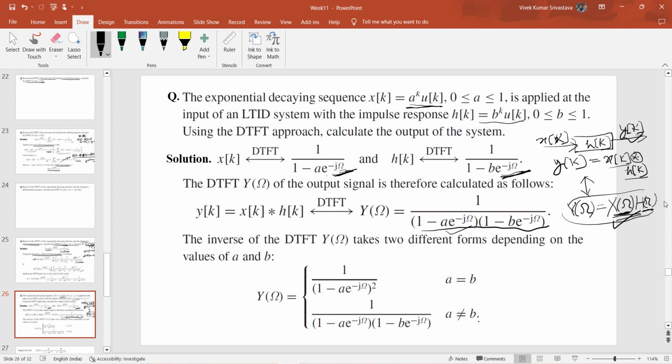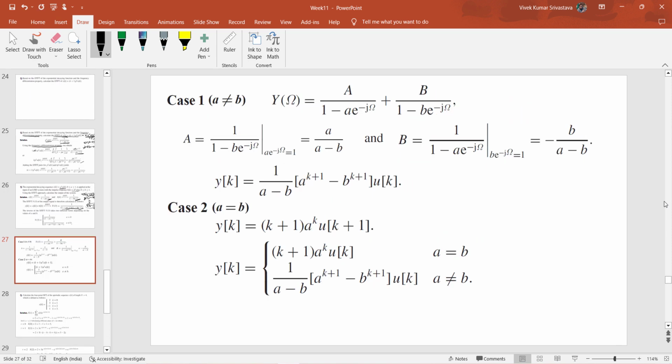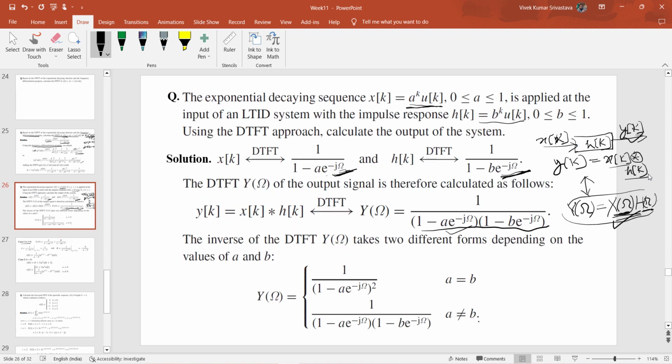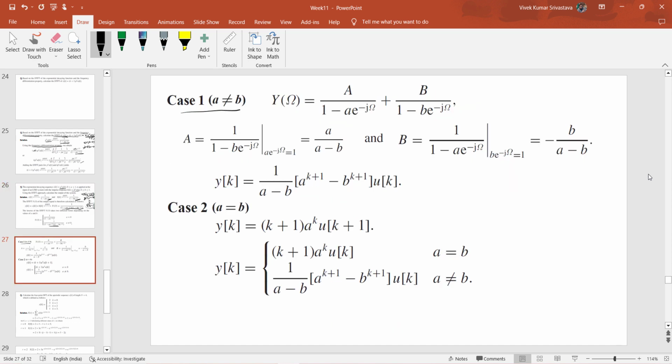Now I am going to show you how to evaluate the system response by using the partial fraction method. I'm using the first case where a is not equal to b. I will use this transfer function and evaluate the coefficients A and B by using the partial fraction method.